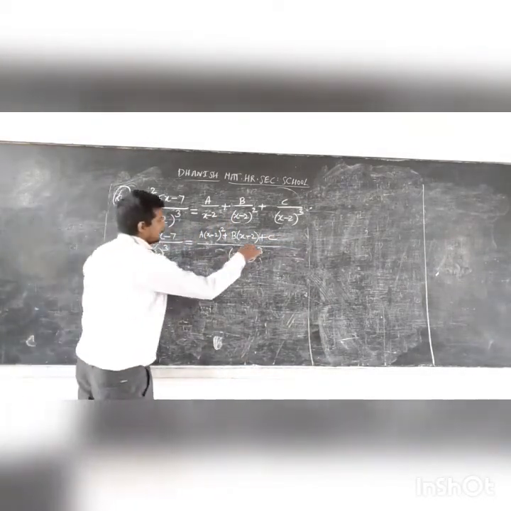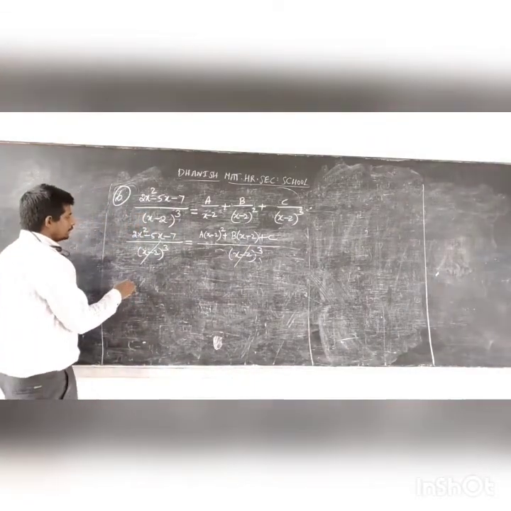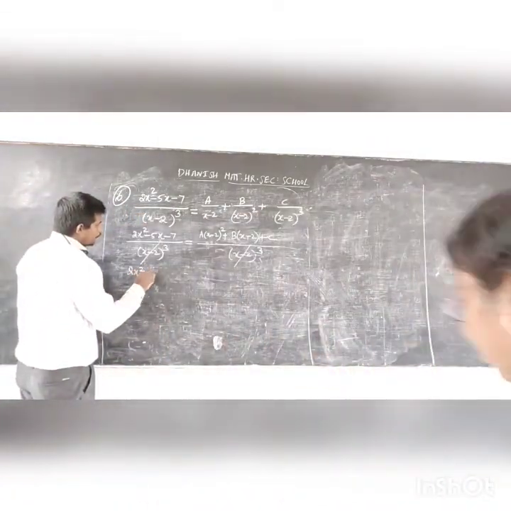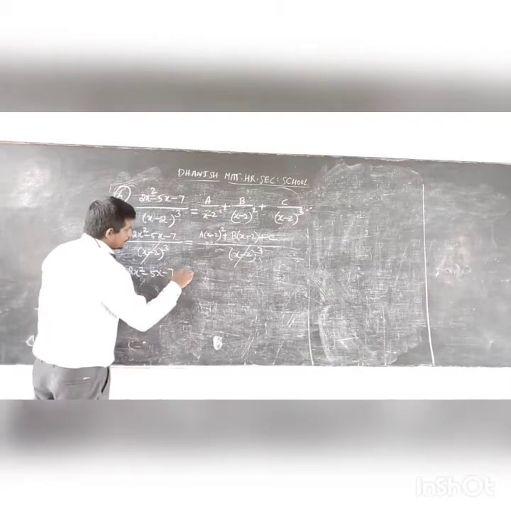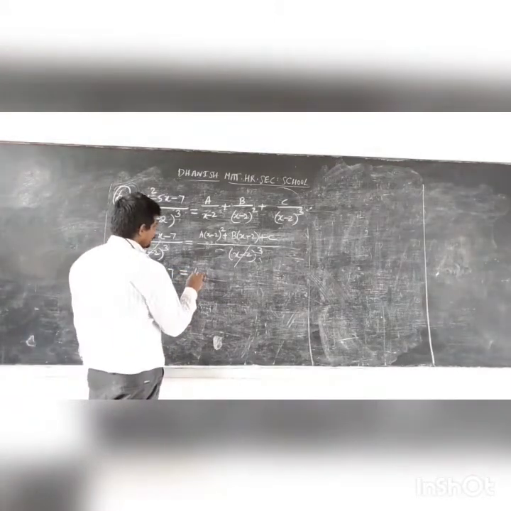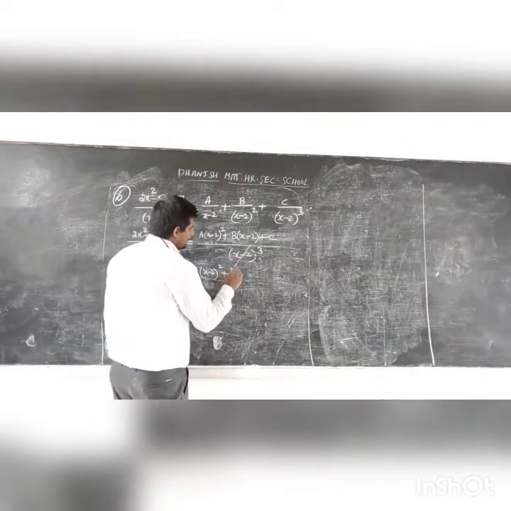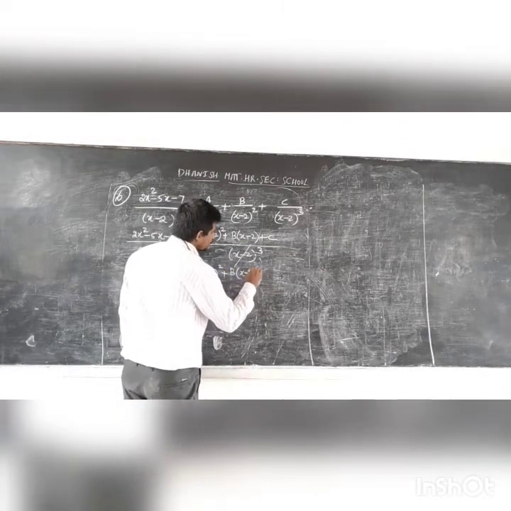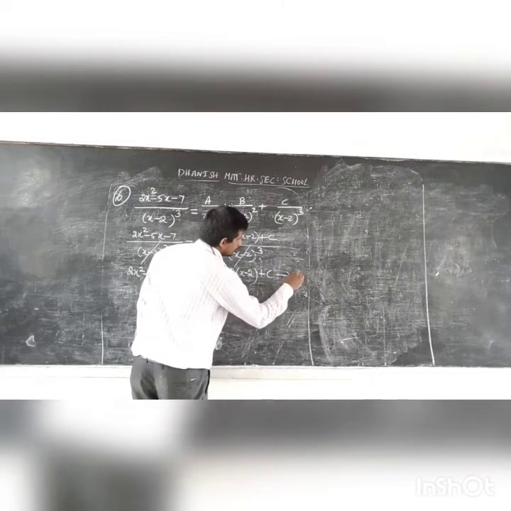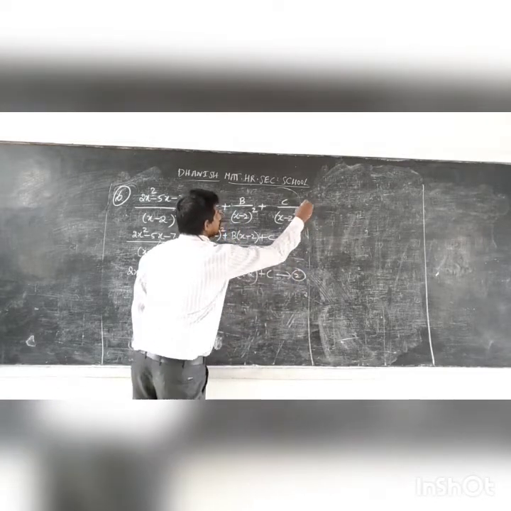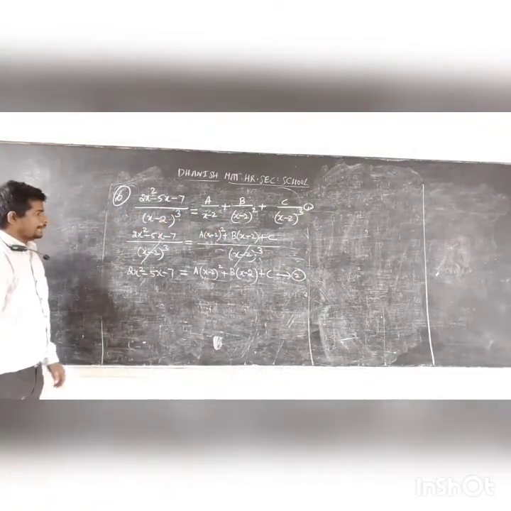Now these two denominators will get cancelled, so the remaining will be 2x square minus 5x minus 7 equal to a into x minus 2 whole square plus b into x minus 2 plus c. You can call this as equation number 2 as well as this as equation number 1.